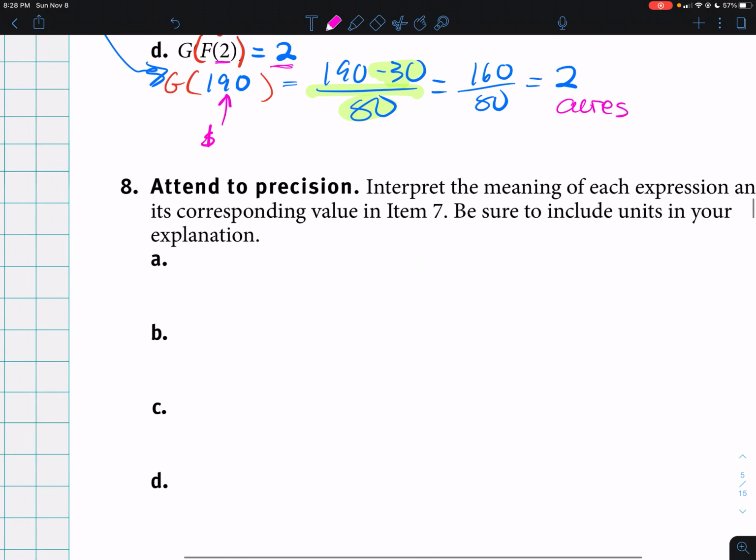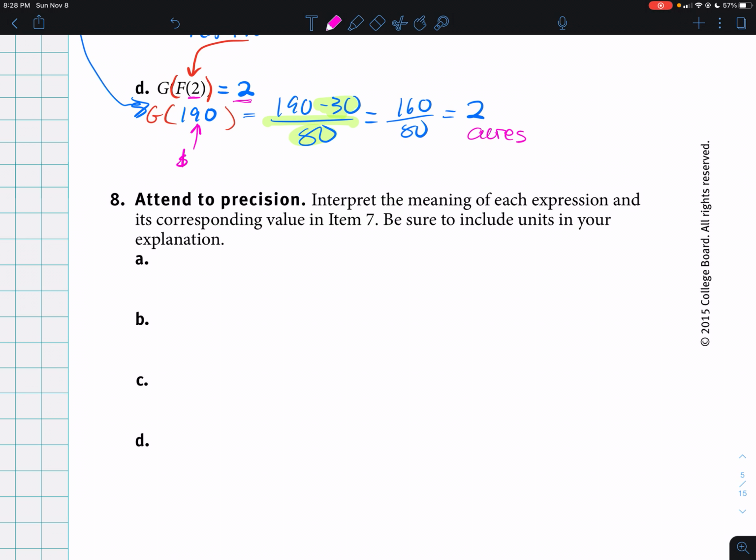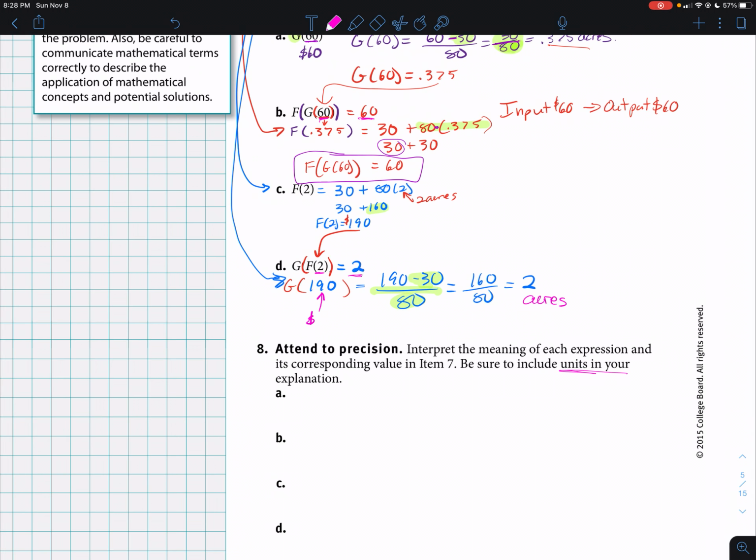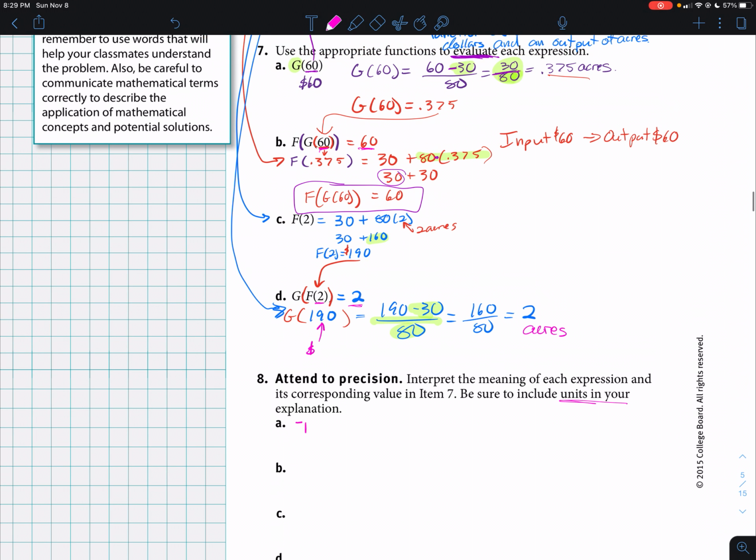So right here, it just says interpret the meaning of each expression and its corresponding value. Be sure to include your units. So on A, our input was $60 and our output was 0.375 acres. On B, our input was $60 and our output was $60.